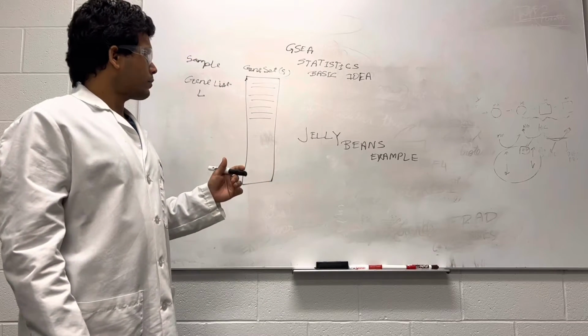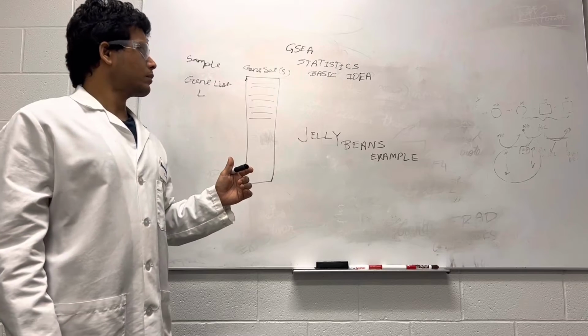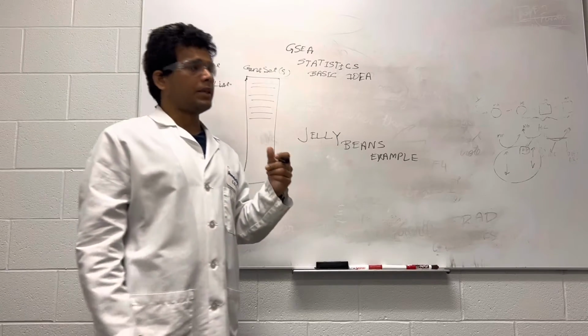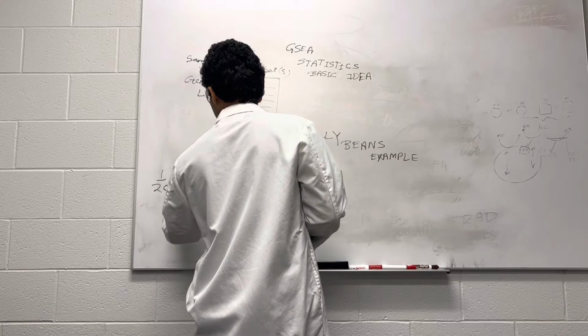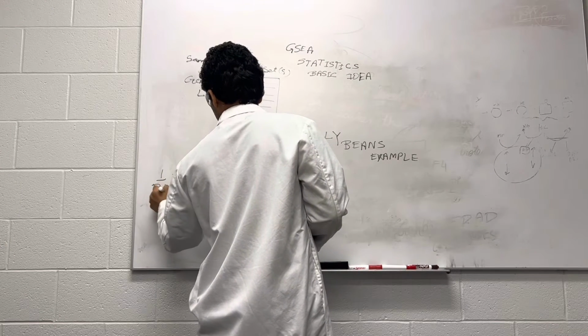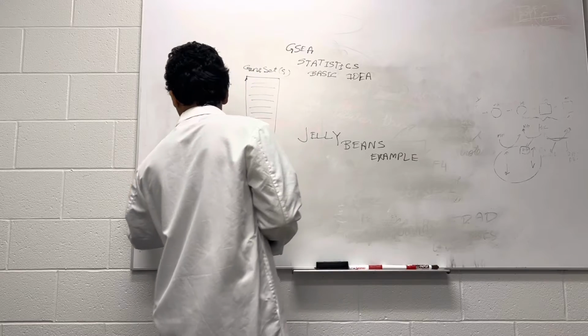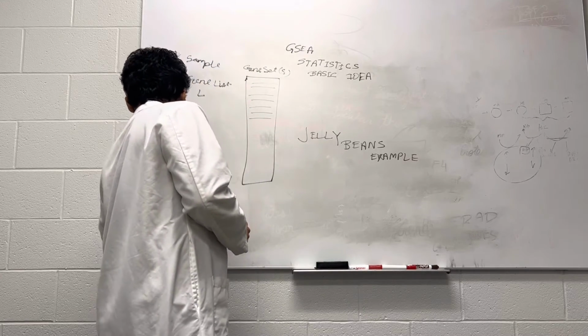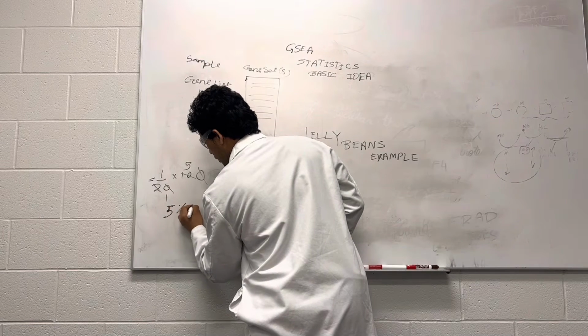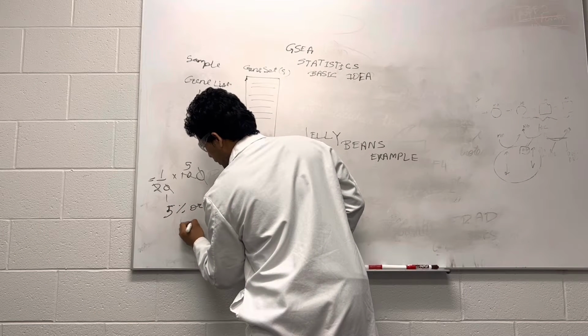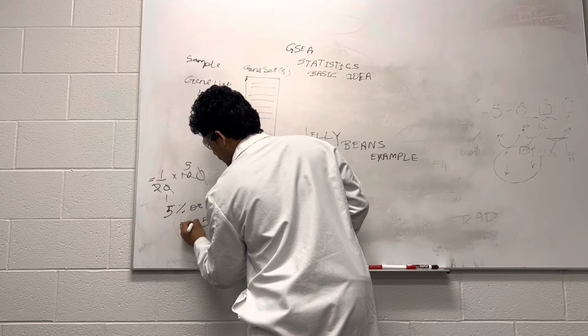So that means a probability of 1 by 20 into 100, which is 5%, or 0.05.